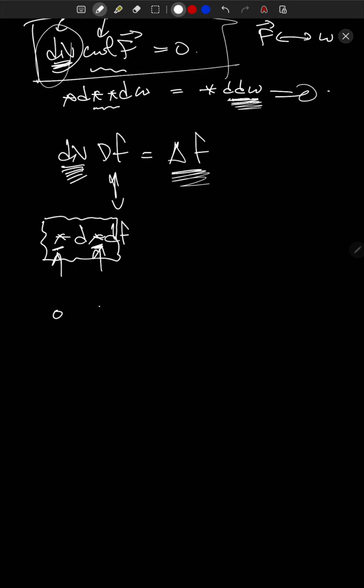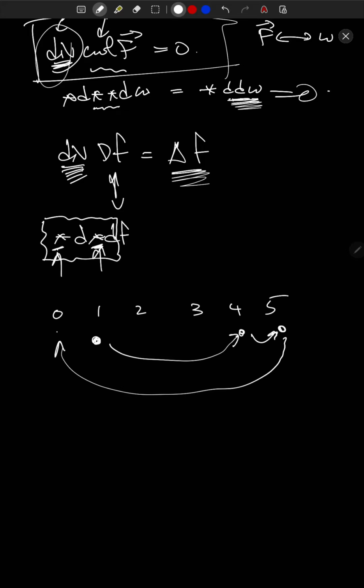Even if you have like 10 dimensions, let's say 5 dimensions, if you have a vector field here, you can take star of it, you get a vector field here. When you take d of that, you get something here. When you take star of that, you get something back here, right? And that's basically the divergence in the flat plane in R5, right? So that's perfectly legal.